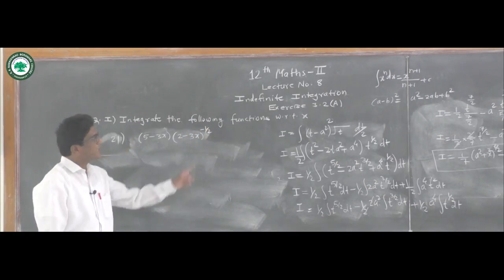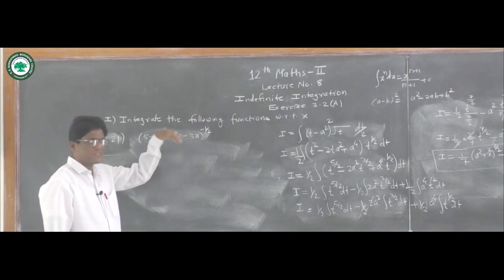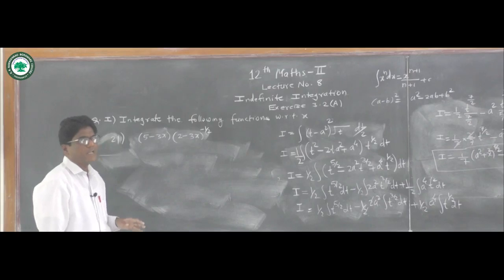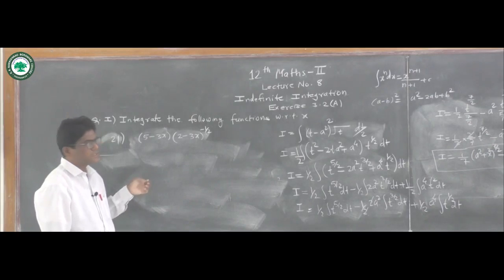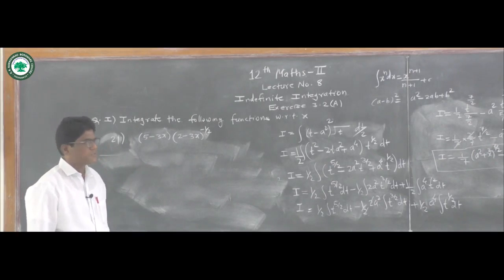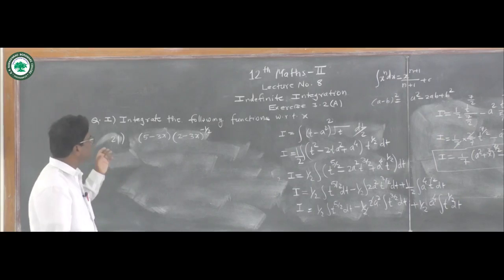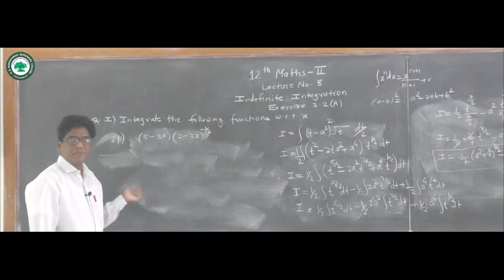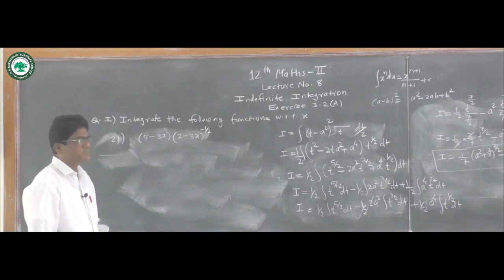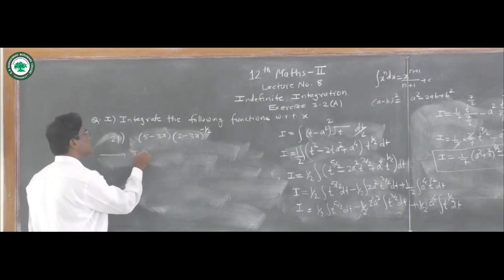Now here power 1/2 means this term is in root, but here minus sign, so it is in the denominator. And we know that when the term is in the root, we put for that as a t and we solve the given problem. So we use the same procedure which we used in the 19th problem and 20th problem, same procedure. So let here I is equal to, we call this as I.